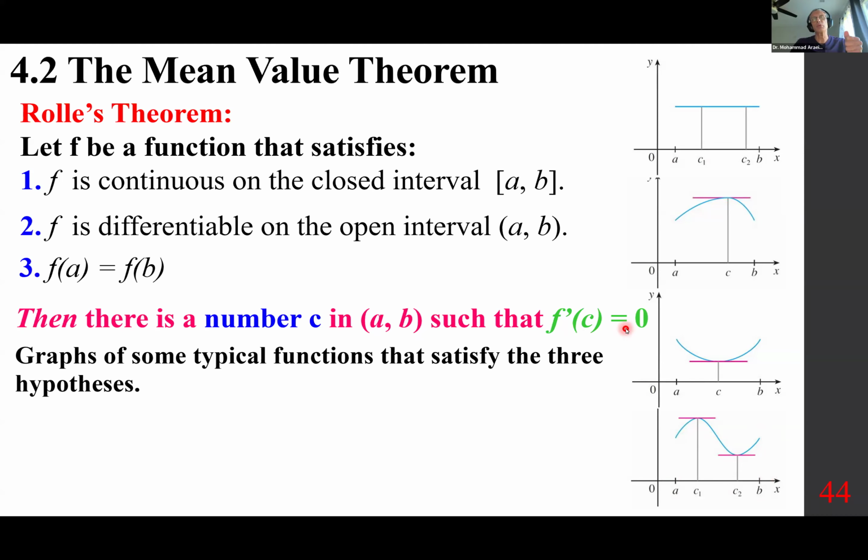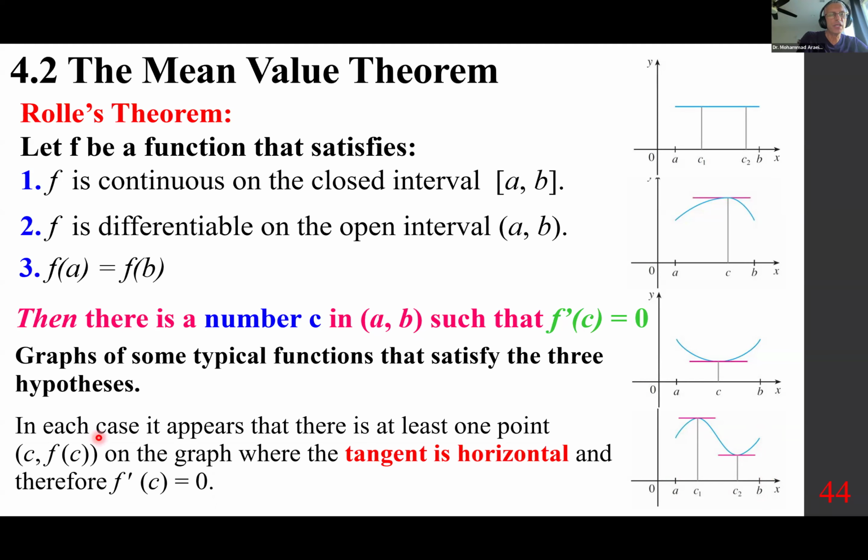In other words, there has to be a point where you can draw a horizontal tangent line. In each case, it appears that there is at least one point with coordinates c comma f of c on the graph where the tangent is horizontal, and therefore f prime of c equals 0.